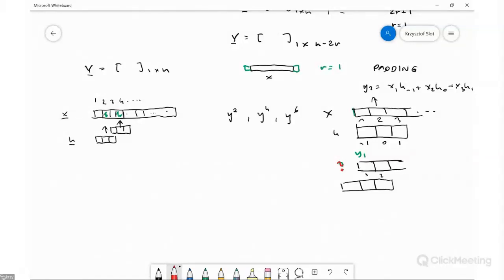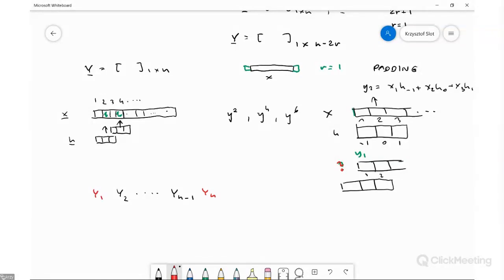Correct results are results that I have all data to compute. So my outputs, in this case, if I would like to rely only on information that is available, will be only from y2 through yn minus 1, because this result and this result are unreliable.